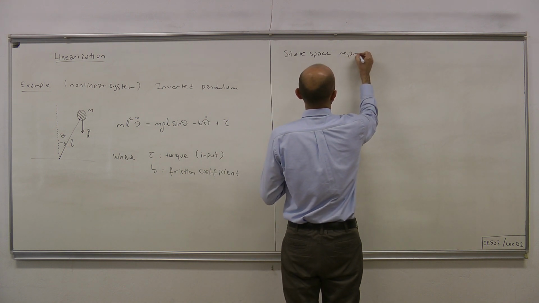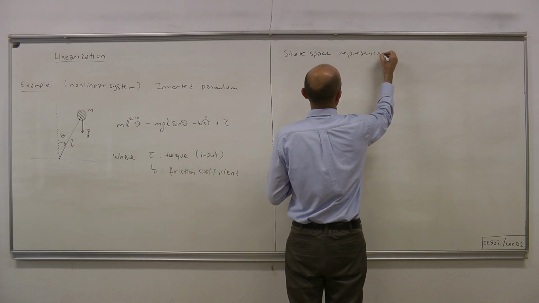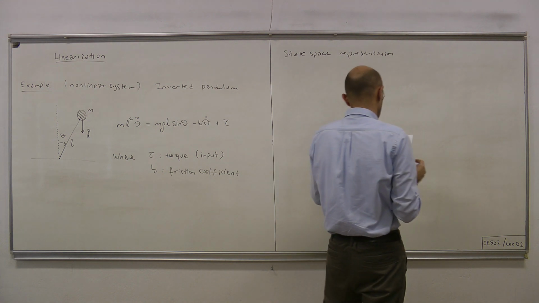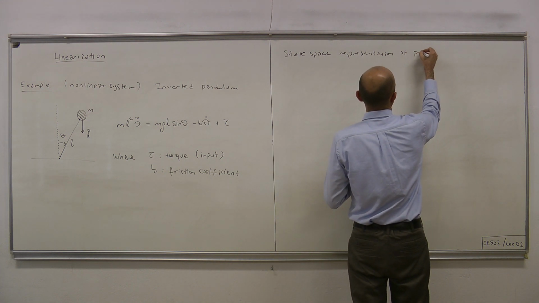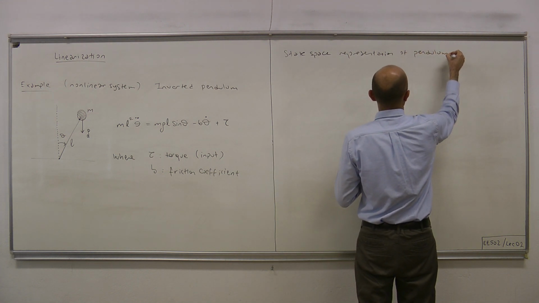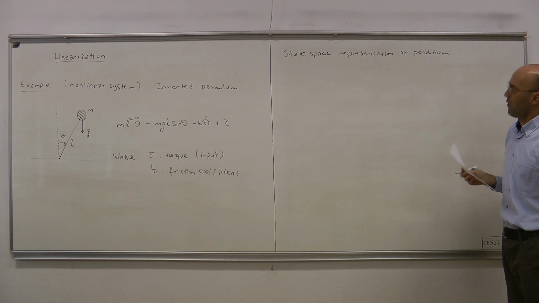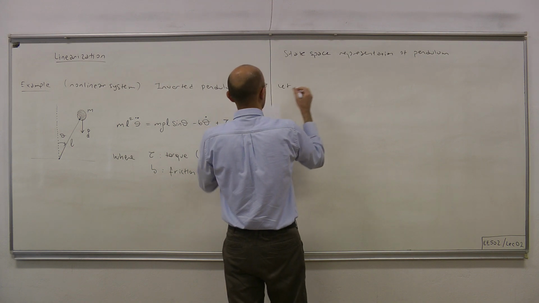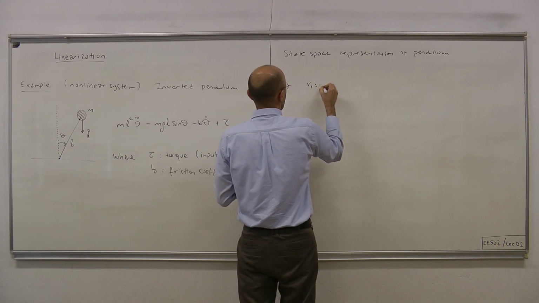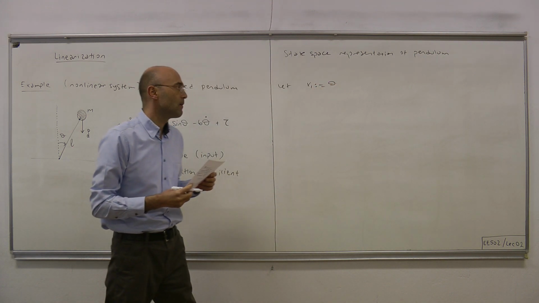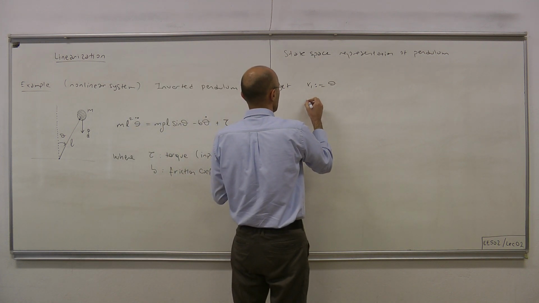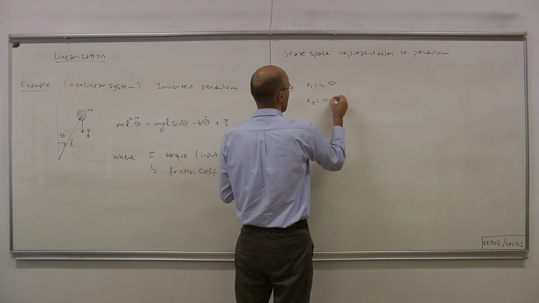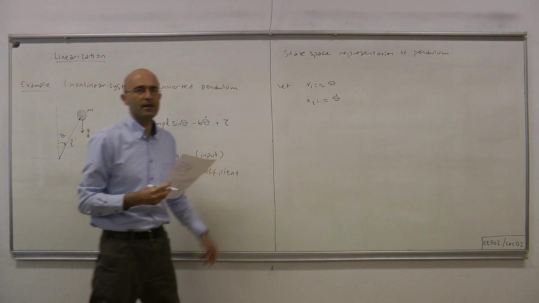So the state space representation of the inverted pendulum can be obtained by letting, for instance, the first state variable be the angle, and the second state variable be the angular velocity, theta dot.